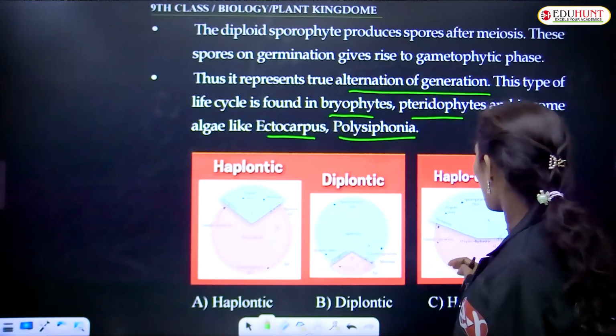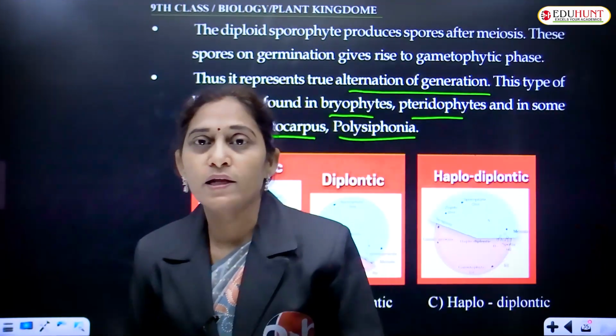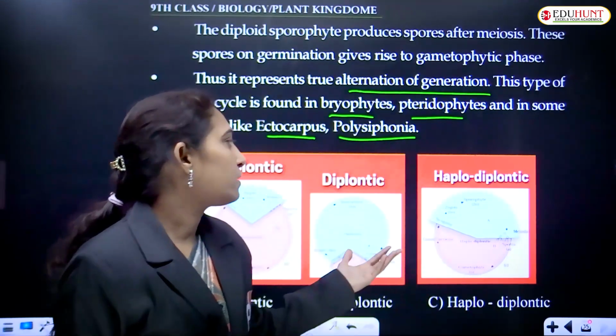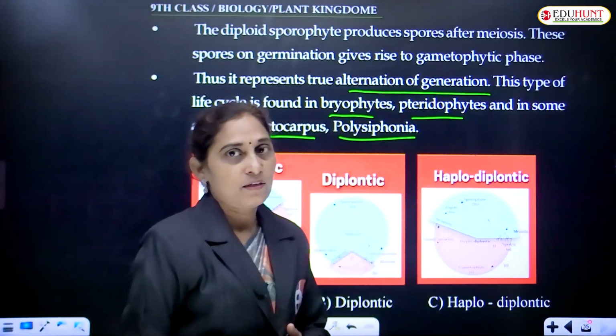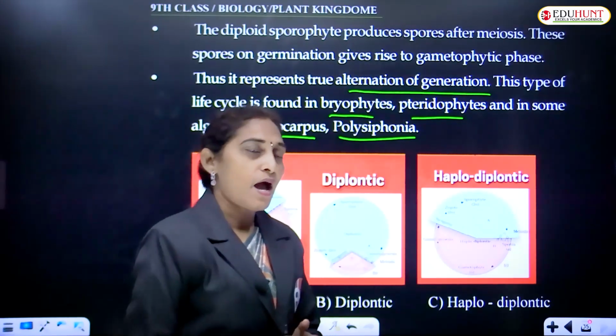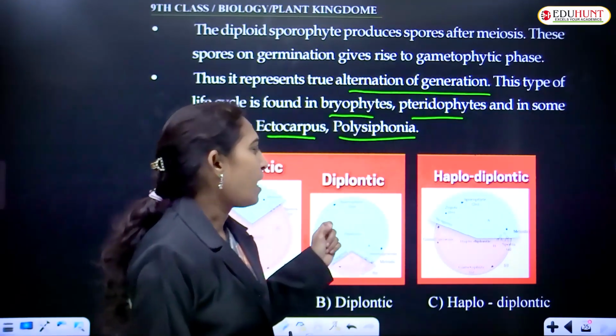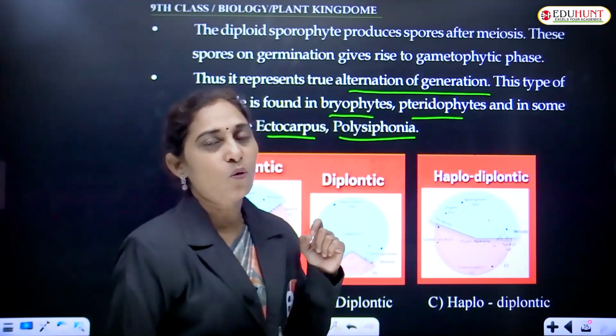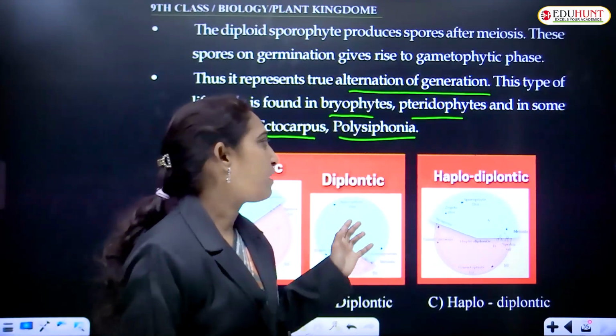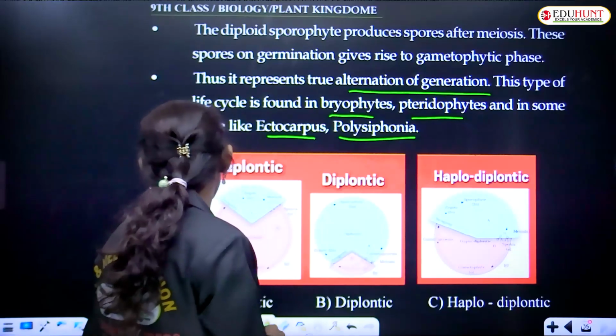In haplodiplontic, both phases occur in the life cycle with almost equal importance. In haplodiplontic, the haploid phase is a little bit dominant over the diploid. That is why we call it haplodiplontic.